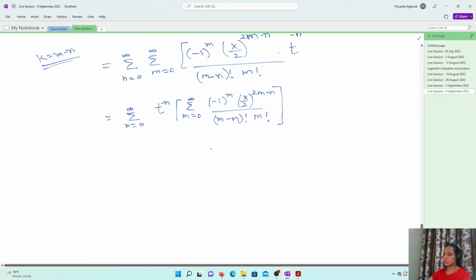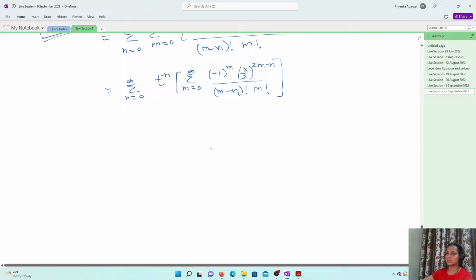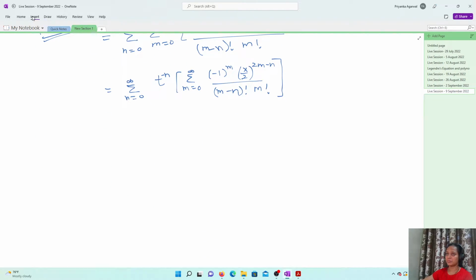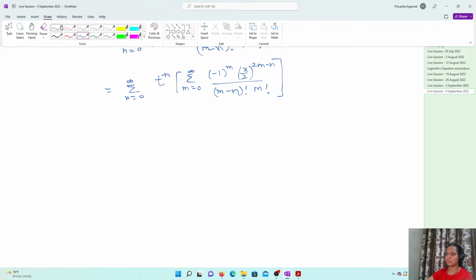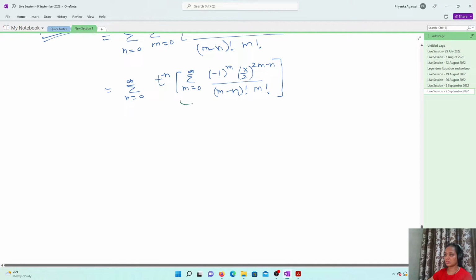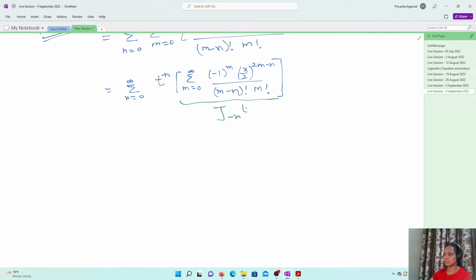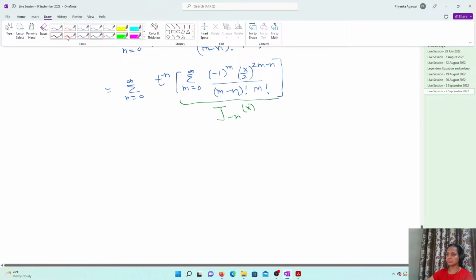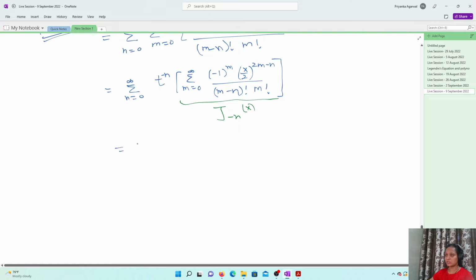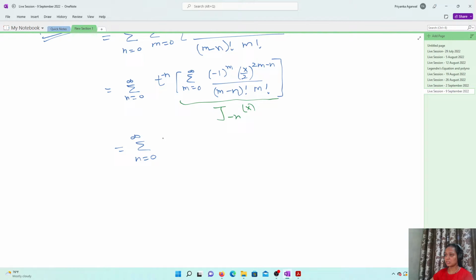Now if you look carefully at this, what is this term? J minus n, right? This is from the definition of the Bessel function itself. So this becomes summation n equals 0 to infinity, t to the power minus n J minus n.